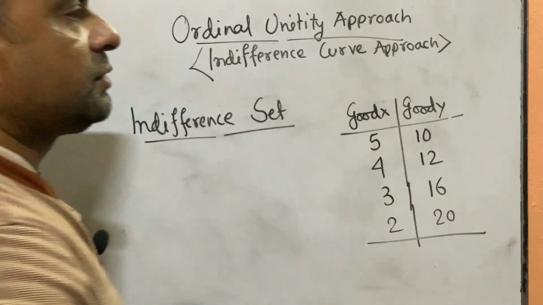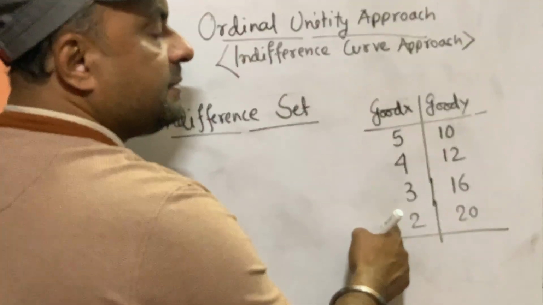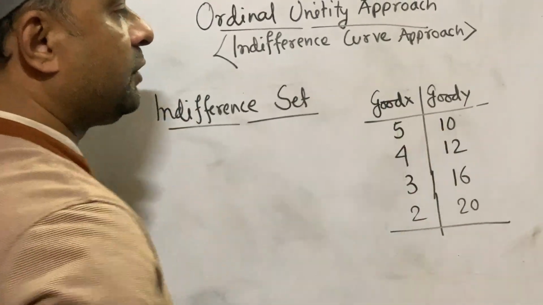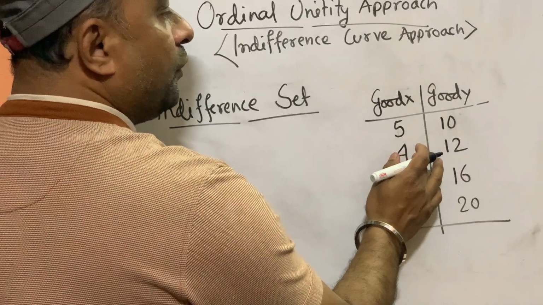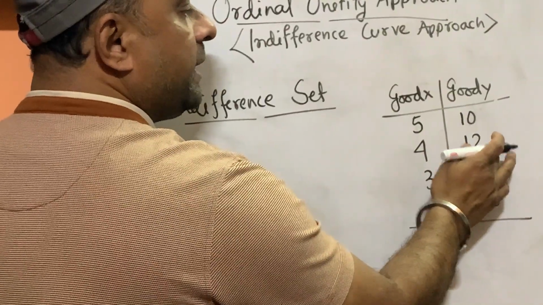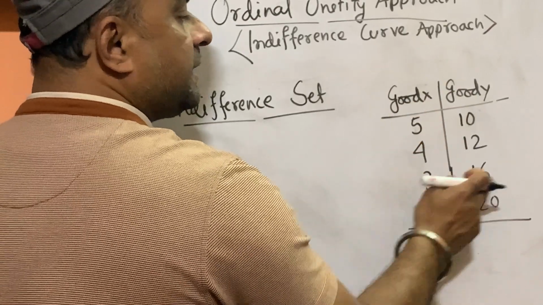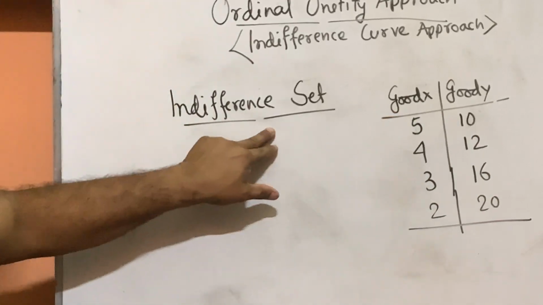Suppose he is consuming these goods, and all the combinations provide him the same satisfaction. It means 5X and 10Y provide a satisfaction to the consumer. The same satisfaction he gets if he consumes 4 units of X and 12 units of Y. The same satisfaction he gets by consuming 3 units of X and 16 units of Y. Then this combination is called an indifference set.